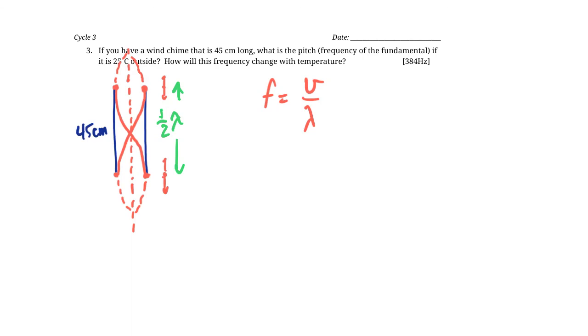So that's going to be 2 times 45, which is 90 centimeters. All right, so that's the wavelength in this case when there are 2 free ends. So what you can do is calculate the frequency yourself, and it should end up being this 384 hertz. I'm going to leave that as an exercise for you. So please try that, and there you go.